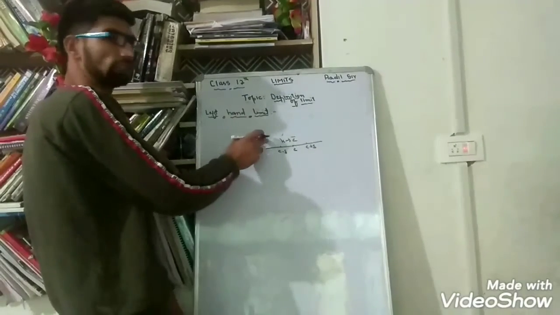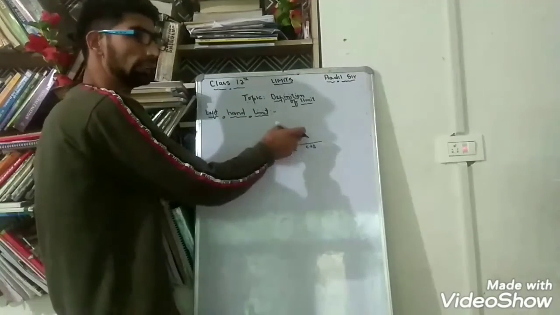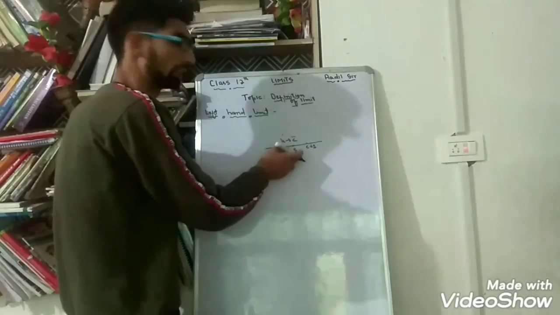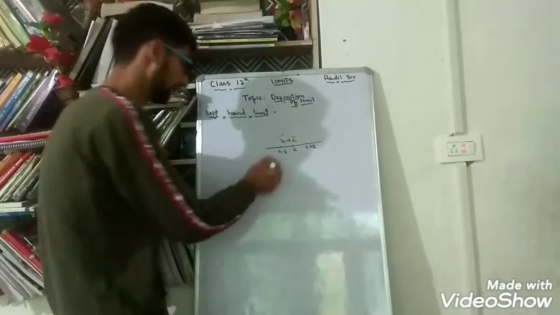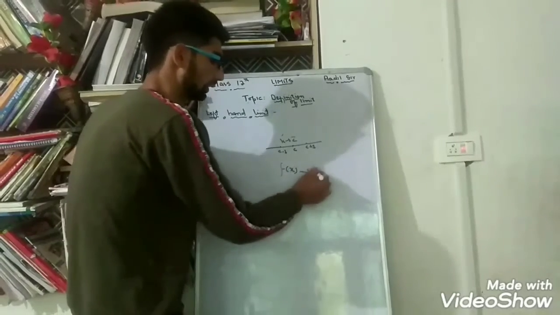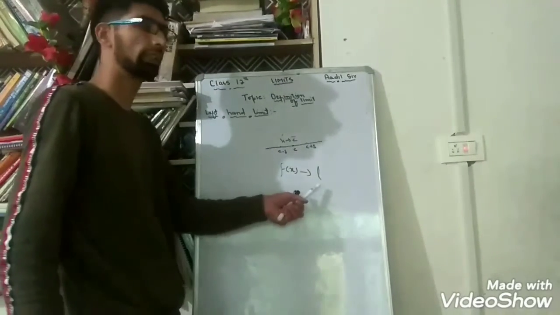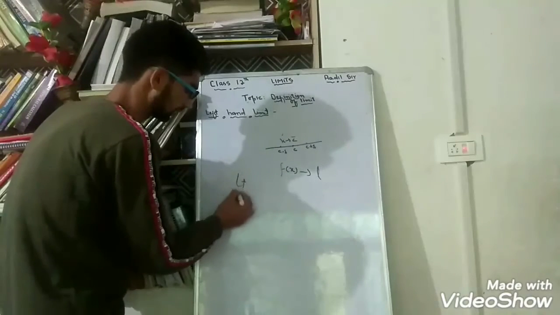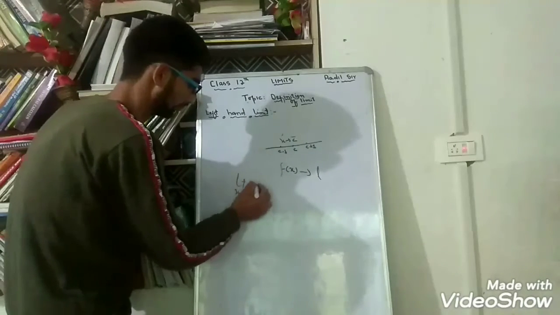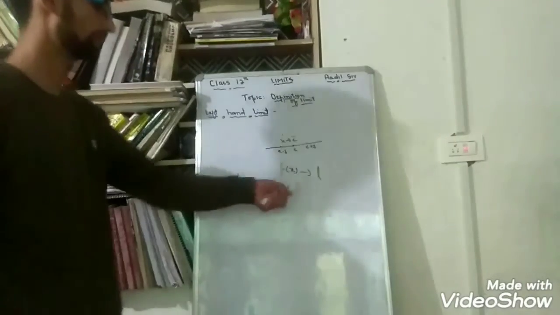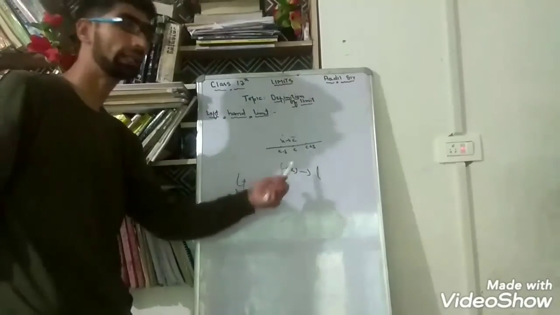If we take the values of x between c minus delta and c, and if the function at these values tends to this L, then we say that the limit as x tends to c negative of f of x is equal to L. We call this limit the left hand limit.